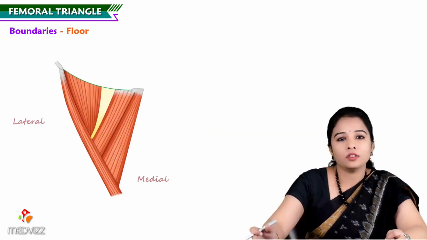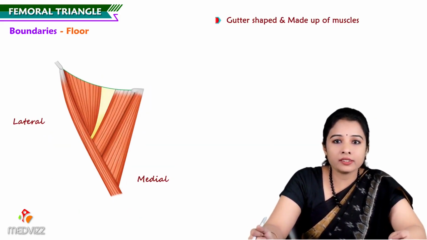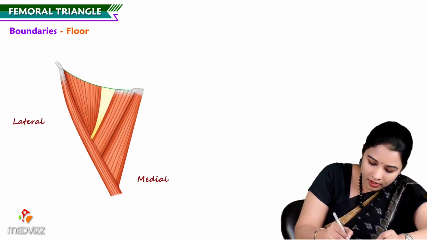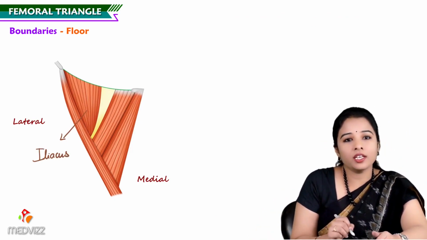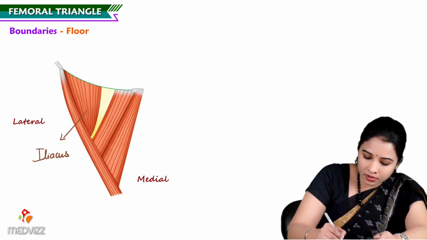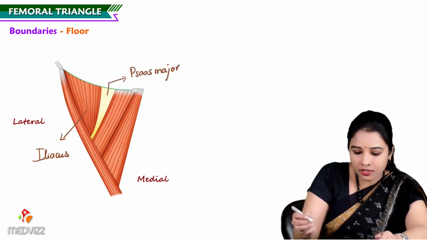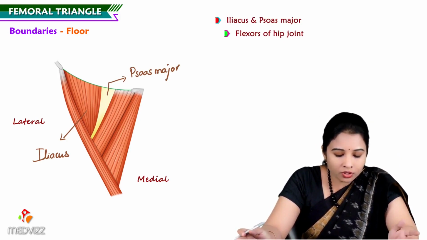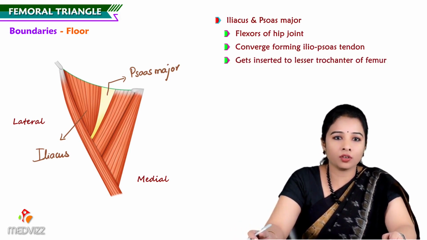Let's see the floor. The floor is gutter shaped and it is made up completely of muscles. So from lateral to medial side, it is formed by iliacus. So the lateralmost muscle is the iliacus. And next to the iliacus, the tendon of psoas major. Iliacus and psoas major both are the flexors of the hip joint and both converge forming an iliopsoas tendon which gets inserted to the lesser trochanter of the femur.